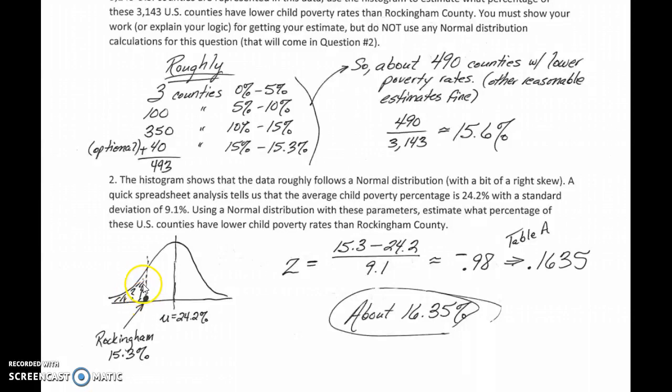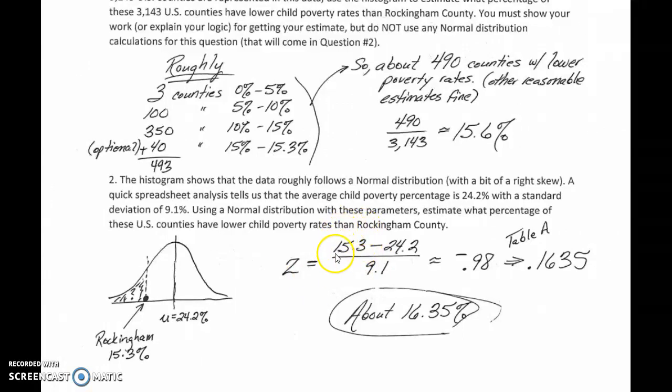So we can use Table A. We know that Table A gives us a percent, but we're going to have to give it a z-score. So in order to get that percent, we need to convert this 15.3% to a z-score. We need to see where Rockingham County falls in terms of the rest of the counties in the US.